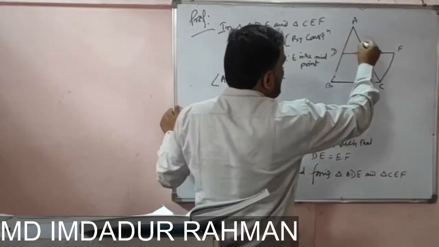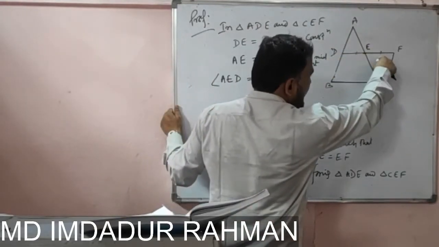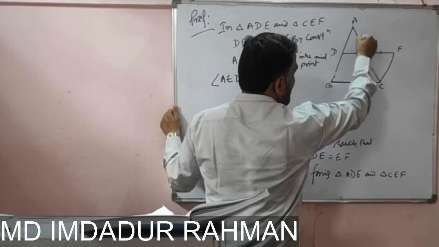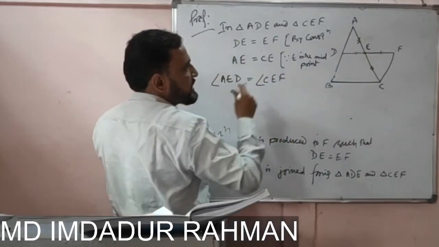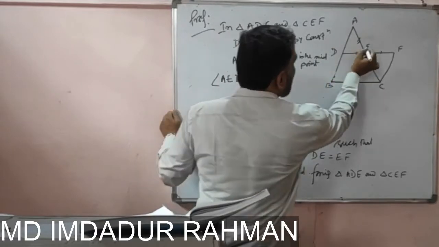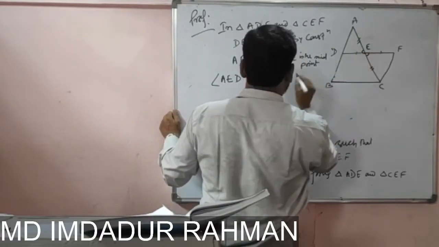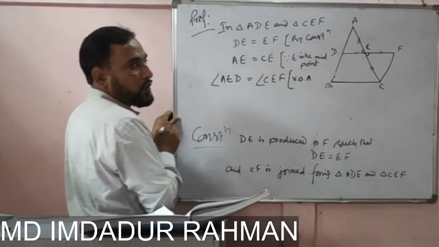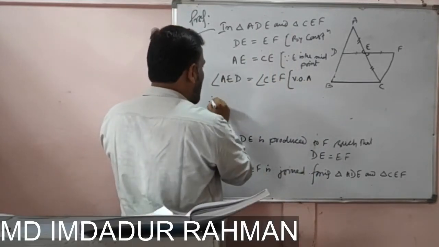So what will we get? This side is equal to this side by construction, this side is equal to this side since E is the midpoint, and this angle is equal to this angle since they are vertically opposite angles.